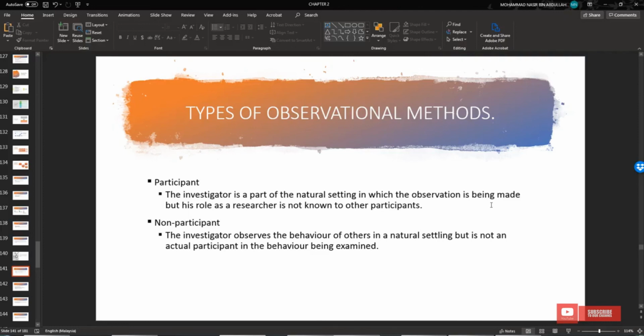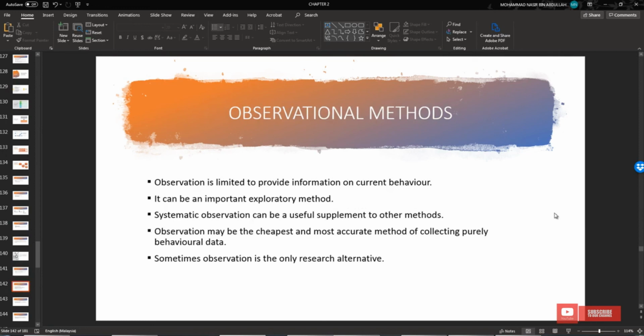Non-participant means the investigator observes the behavior of others in a natural setting, but is not an actual participant in the behavior being examined. They are just monitoring or observing from outside the setting area. The limitation is that observation provides information on current behavior only.